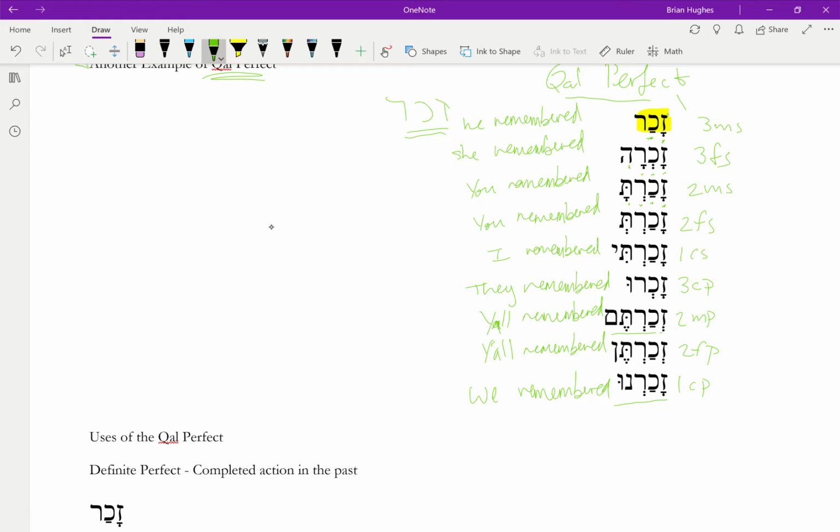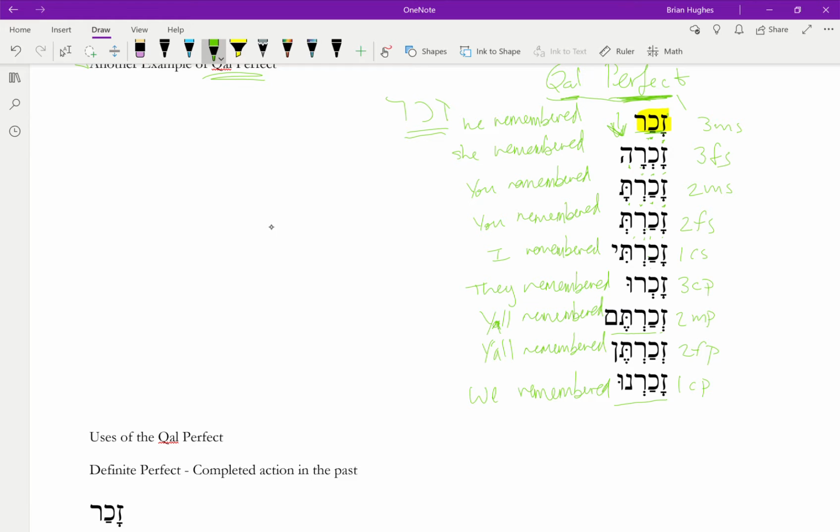In this case, it's all suffixes, so all things added to the end of the word. And so this is what we're seeing: if you switch out the consonants, the root, and just plug them into this pattern, then you get this basic active completed action in the past meaning and use of this idea.